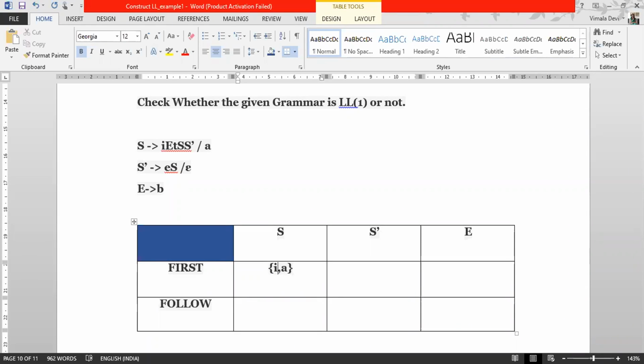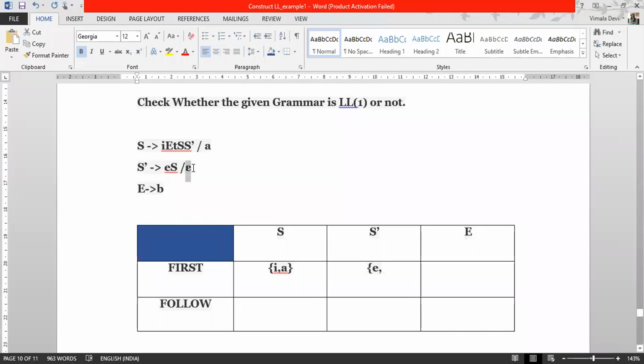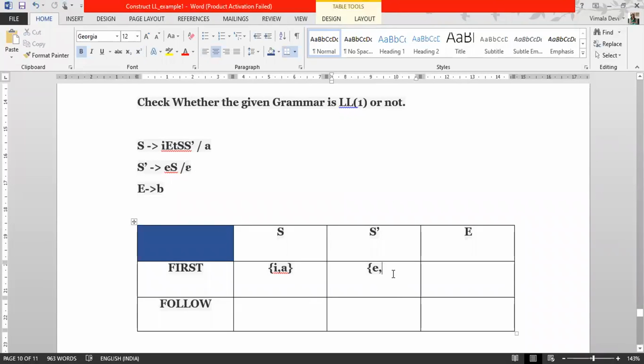Remember, terminals must be written in lowercase and the non-terminals or variables must be written in uppercase. Okay, now tell me what is first of S'. It is very simple, right? It is e. Another one is epsilon. Since there is already a terminal e in place of epsilon, I have no choice. I have to use this symbol now, which is epsilon.